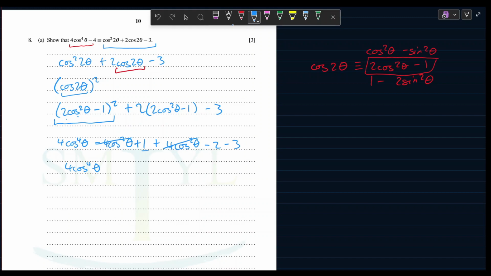Then we've got 1 minus 2, which is minus 1, minus 3, so minus 4. And we have proved that therefore 4 cos to the 4 theta minus 4 is identical to cos squared 2 theta plus 2 cos 2 theta minus 3.